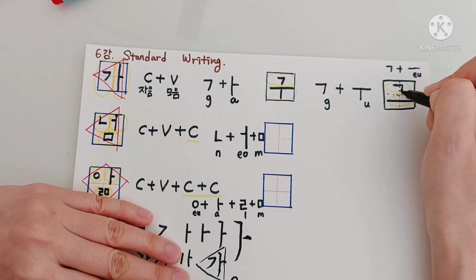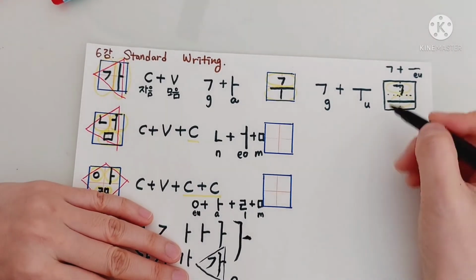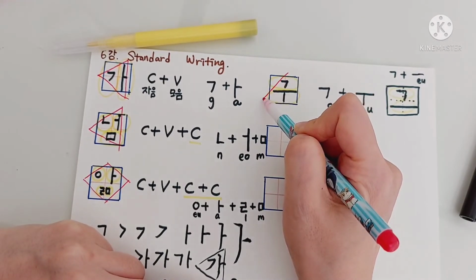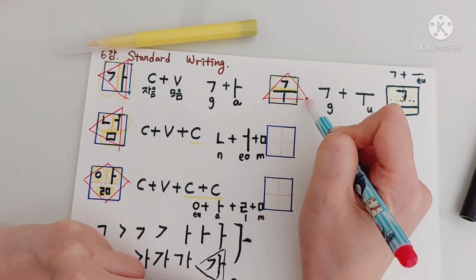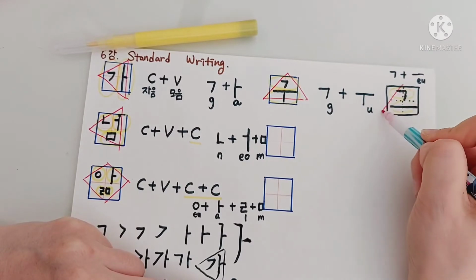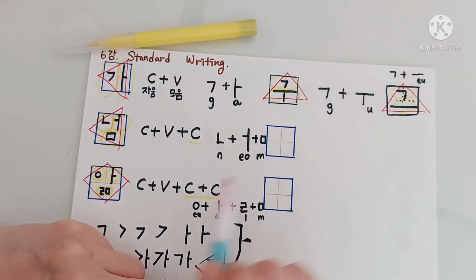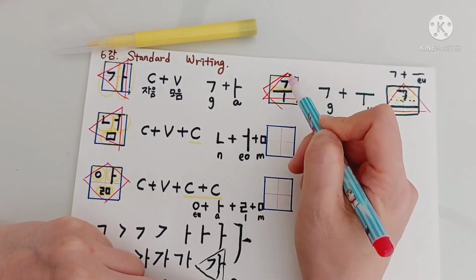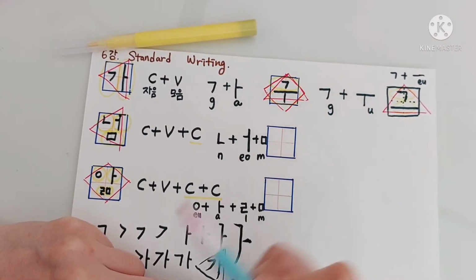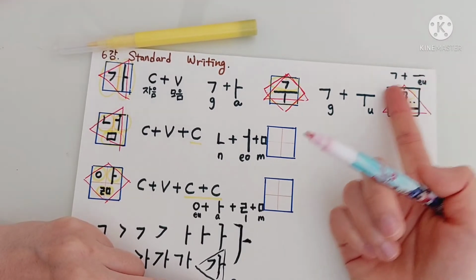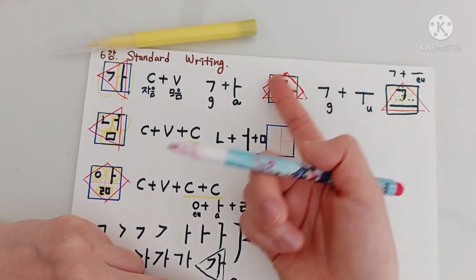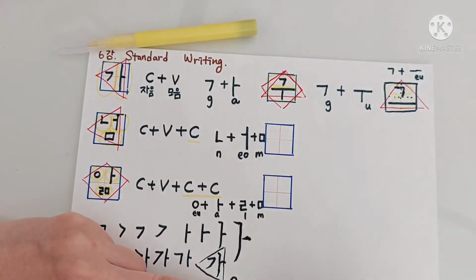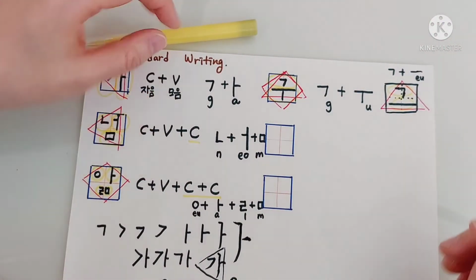So 그, like this, and it's more shape-like. It's a triangle, or rather a diamond, a square diamond. Then it's beautiful writing.